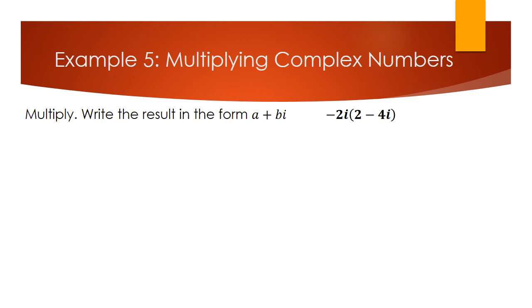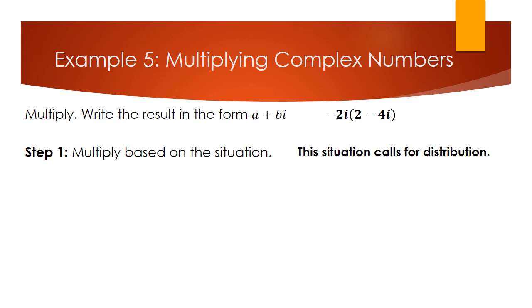Now, multiplying. Multiplying with complex numbers is just like we do multiplication with regular numbers. You just have to be able to work with the i term. So multiply based on the situation. This situation just calls for the distribution. We're going to distribute the negative 2i to the 2 and to the minus 4i. In doing that, negative 2i times 2 is negative 4i, and negative 2i times negative 4i is positive 8i squared.